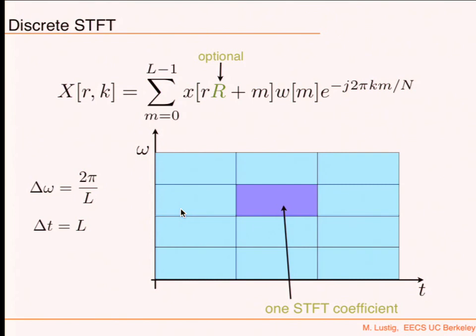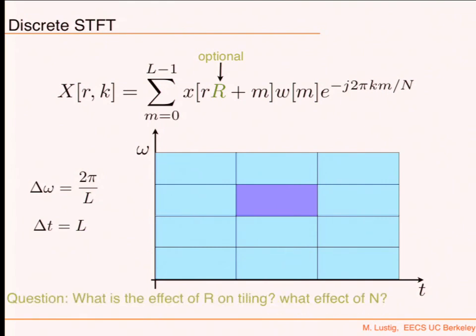And what is the effect of R on tiling? R would be overlapping or non-overlapping. So let's say R is now half the window.